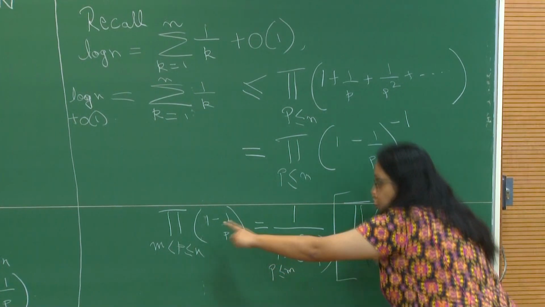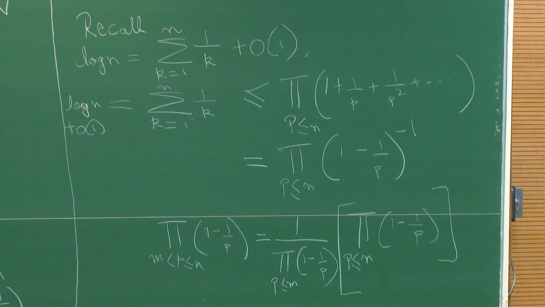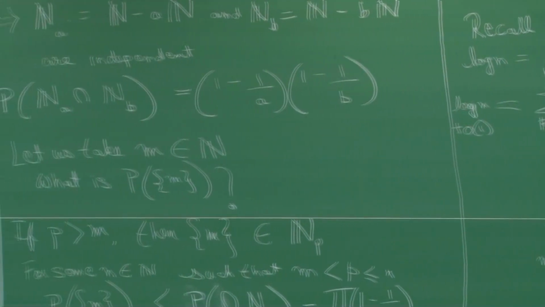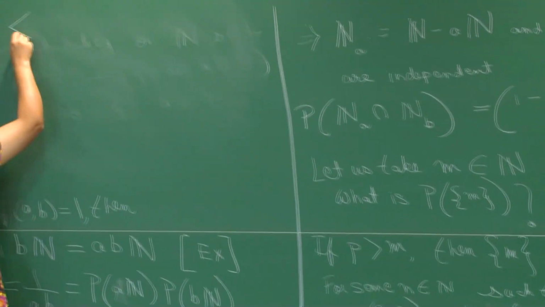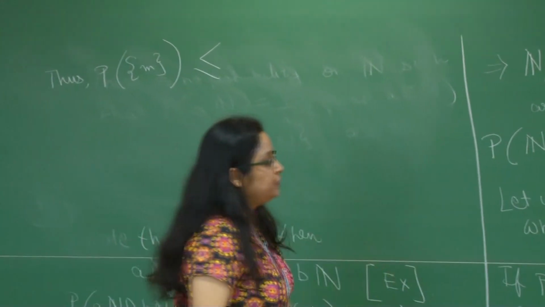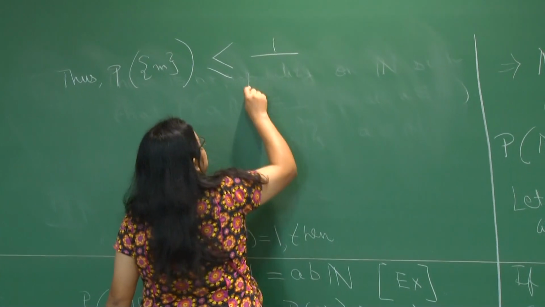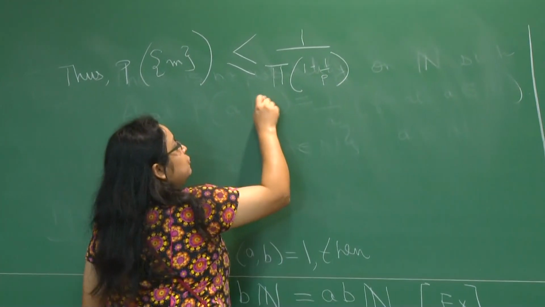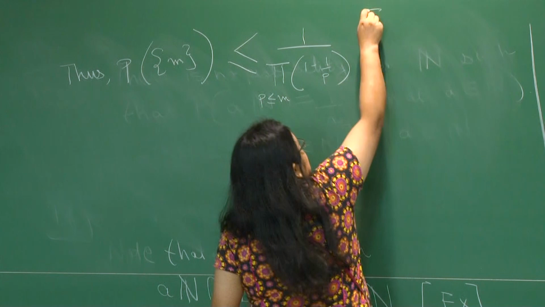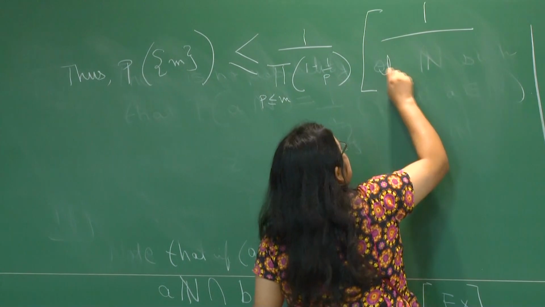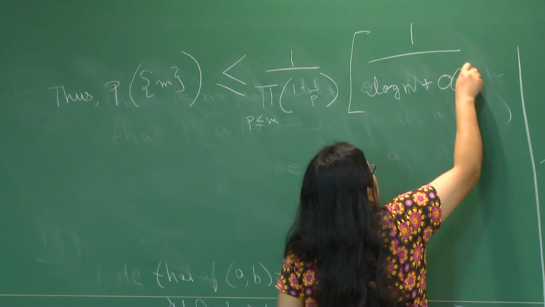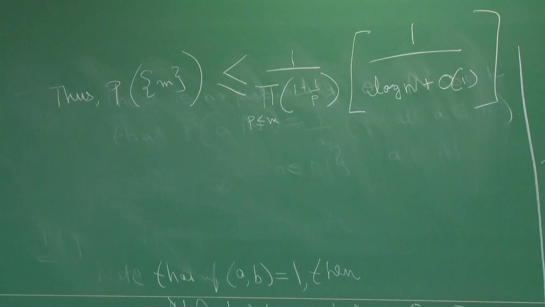So, to conclude, P of m is less than or equal to 1 over the product of 1 minus 1 by p, where p runs over all the primes up to m, times something of the form 1 over a function which is very close to log n, give and take some constant. So, 1 over log n plus O of 1.